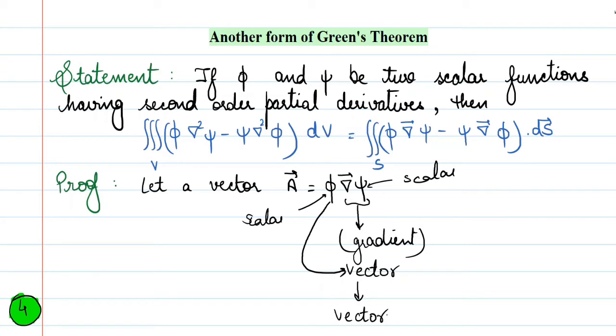So it is totally justified to write down vector A as phi del psi, because the right hand side also comes out to be a vector. Okay, so we can define our vector field to be anything, but we have to keep the norms in mind. The norms say that right hand side should be equal to left hand side. So if you are taking a vector on left hand side, your right hand side should look like a vector. Even if it involves scalar, you have to use those formulae or terms which make a vector out of them.